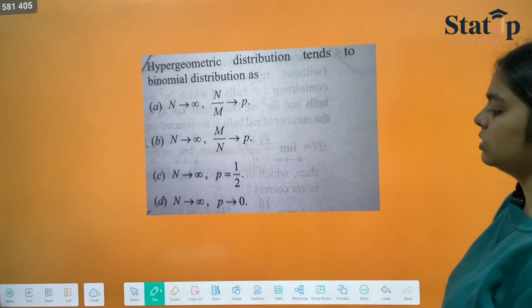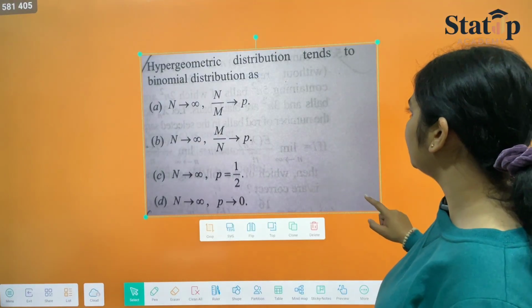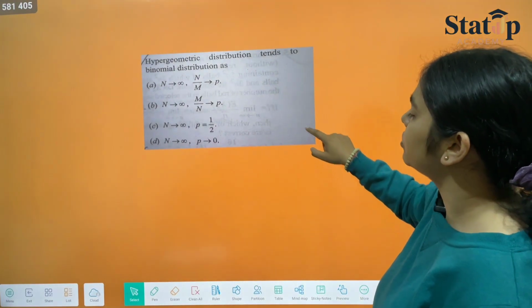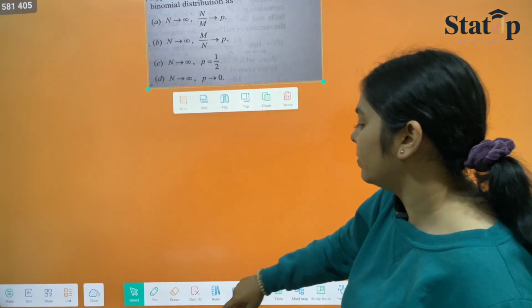The first question is on the board, which states that hypergeometric distribution tends to binomial distribution. Now this is one of the properties. I didn't discuss it because it was in your question.